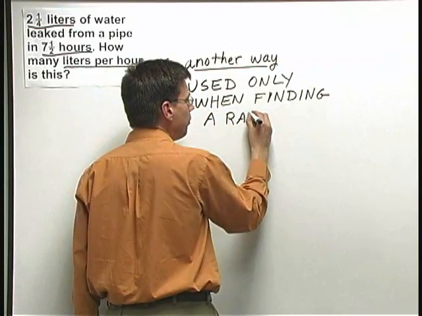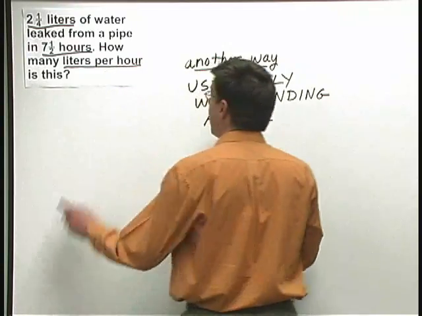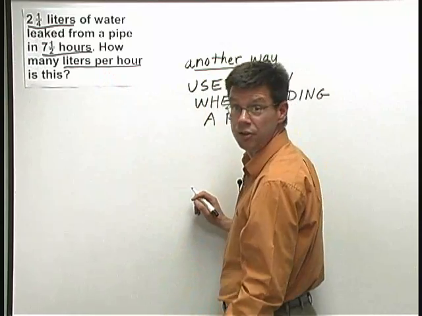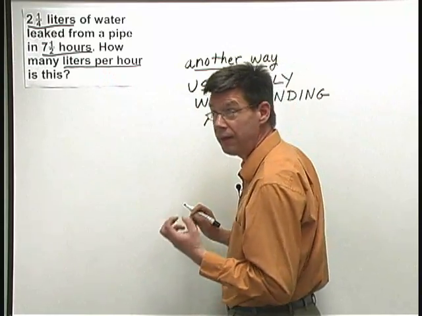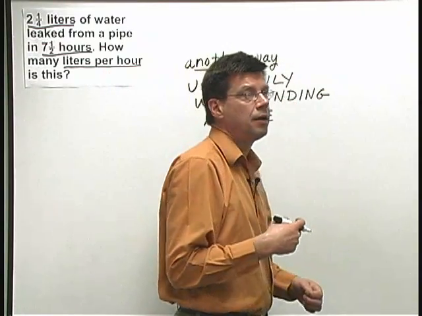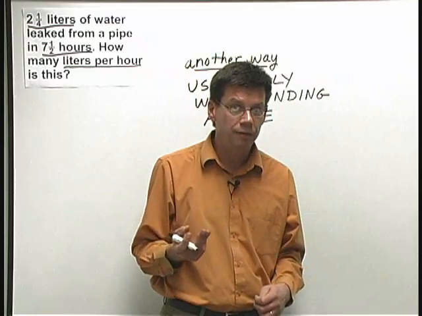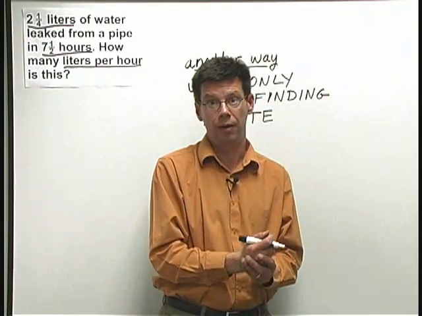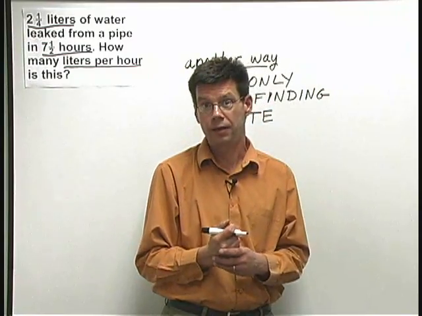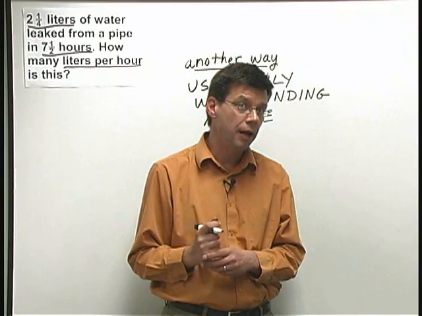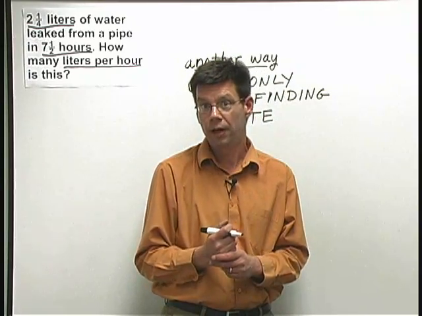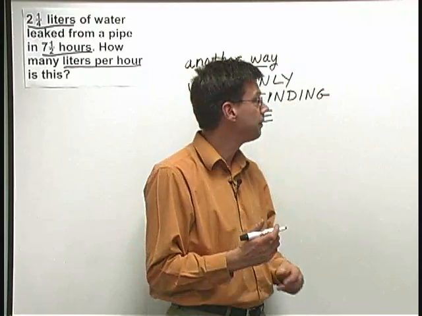Here, in this problem, we're trying to find out how many liters per hour. We're trying to find the rate. In another problem, you might be trying to find out how many miles per hour. That's finding a rate. Or you might be trying to find out how many cents per pound. That would be finding a rate.